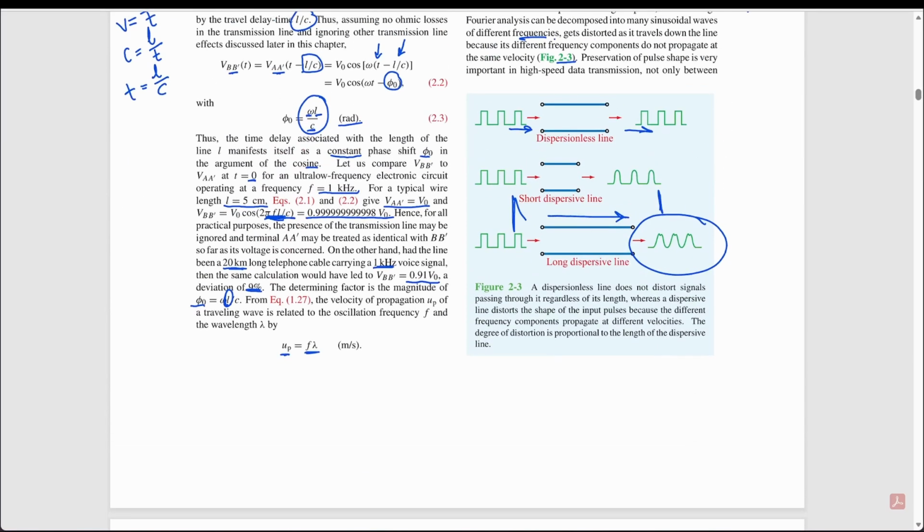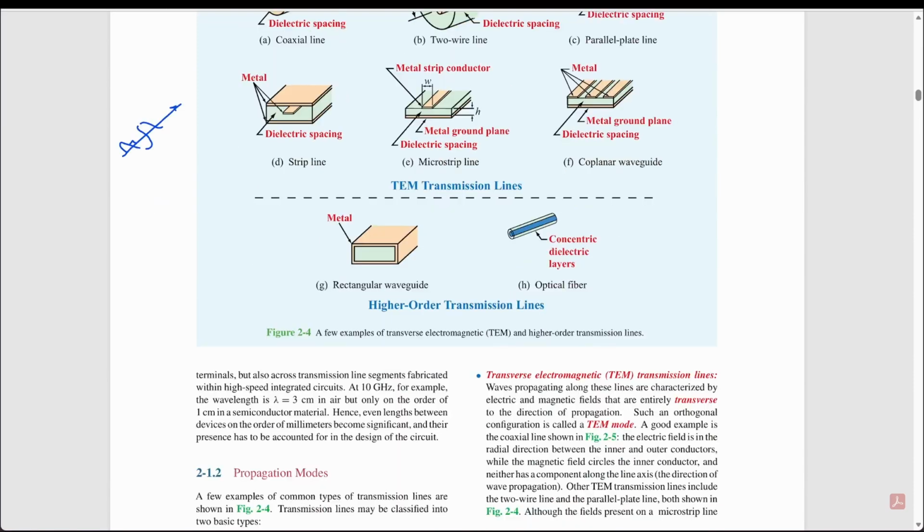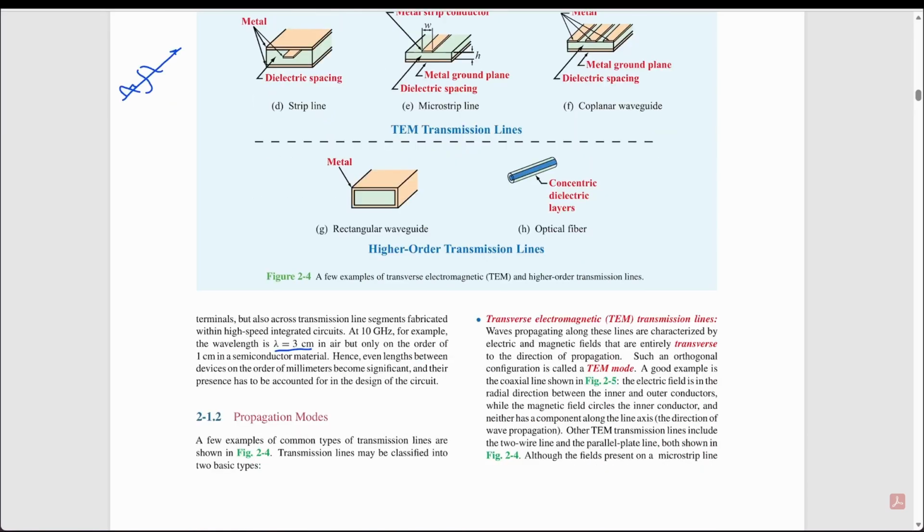So the sentence was, preservation of pulse shape is very important in high-speed data transmission, not only between terminals, but also across transmission line segments fabricated within high-speed integrated circuits. At 10 GHz, for example, the wavelength is 3 centimeters in air, but only on the order of 1 centimeter in a semiconductor material. We saw earlier that the phase velocity is lambda times f.